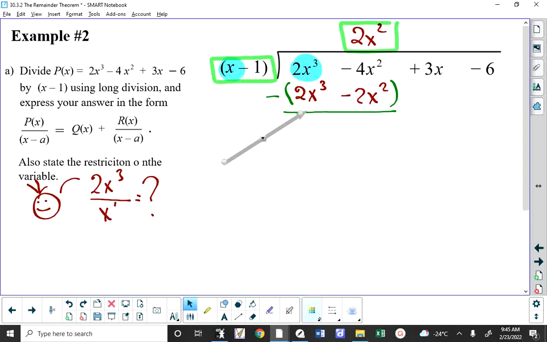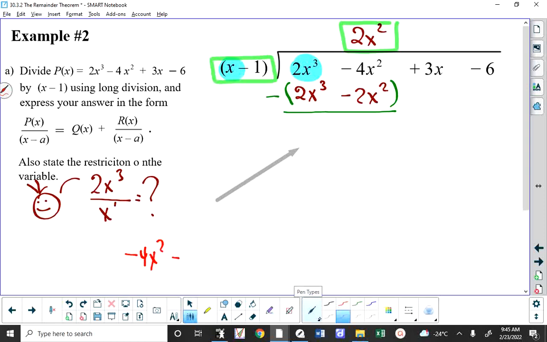Then I'm going to move over and take a look at negative 4x squared minus negative 2x squared. Well, negative 4 minus negative 2 is negative 2. This is where you subtract the negative, you change it to positive. Negative 4 plus 2 is negative 2. So I get negative 2x squared.